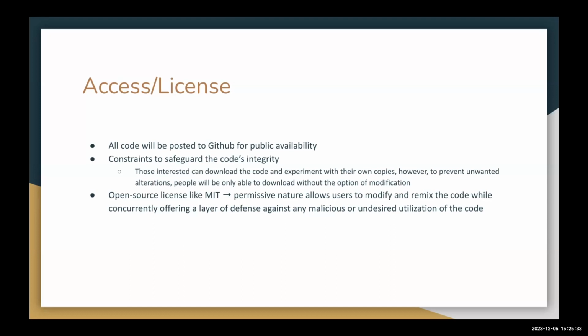To prevent unwarranted alterations, I would permit only the downloadability of the code without the option for modification. And I also think the MIT license is appropriate because of its permissive nature, allowing individuals to modify the code while concurrently offering a layer of defense against any malicious or undesired utilization of the code.